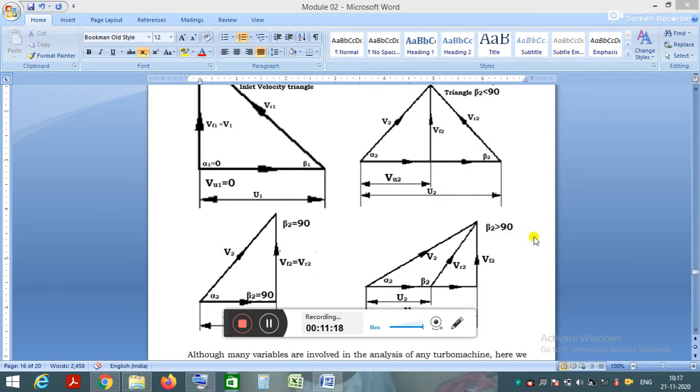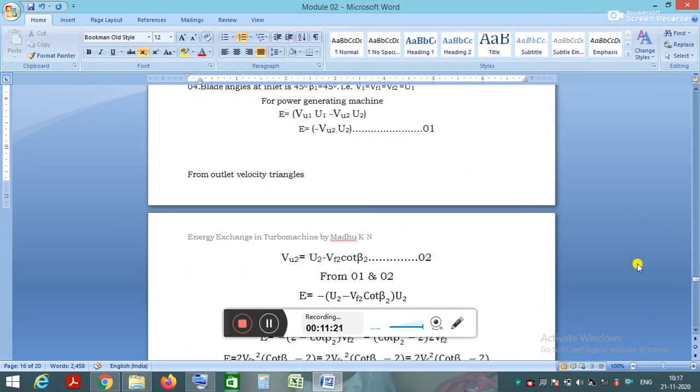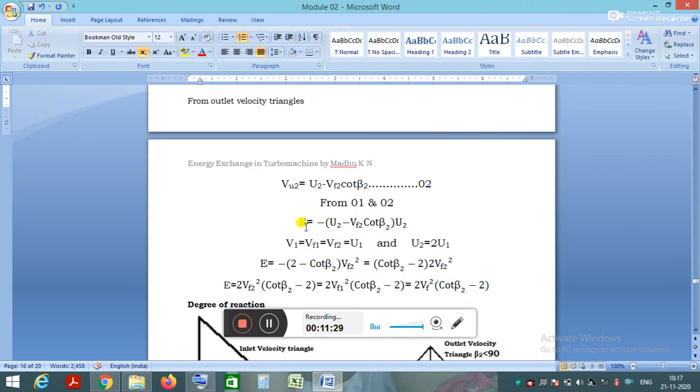Substitute the value of V suffix U2 in equation number 1. Therefore we get energy transfer E equals minus (U2 minus Vf2 cot beta 2) into U2.